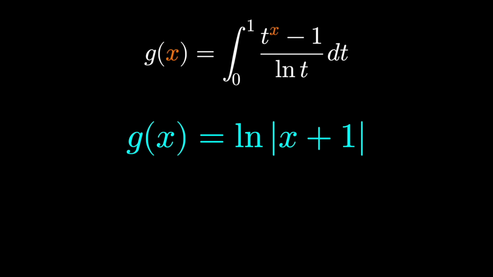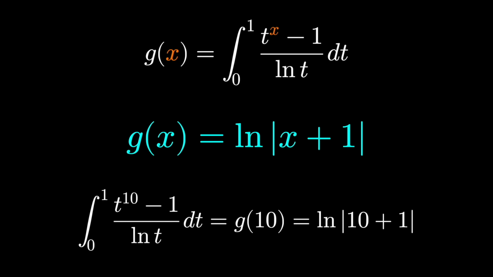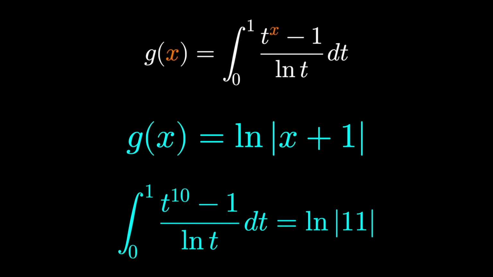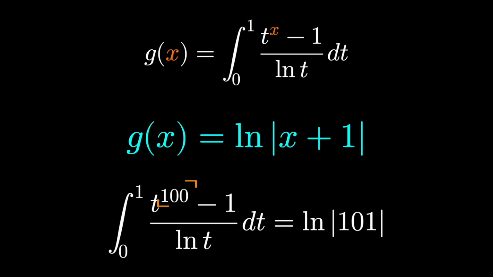Now we can substitute anything we want. If we wanted to compute our original question, which had a t to the 10th, just substitute 10. It'll be natural log of 11. Or just as easily, you could solve this integral with a t to the 100th by plugging in 100, and it would be natural log of 101.